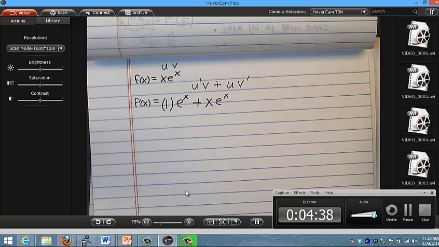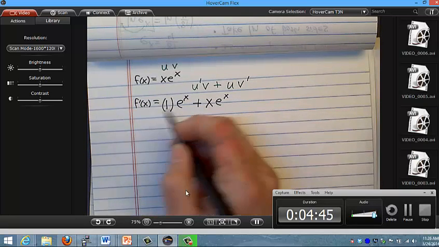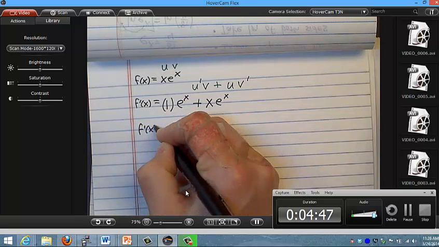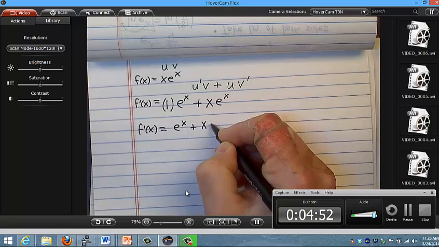So that's nice. So now what I might do is simplify. Remember I said before, we're not going to be simplifying. Well, now we're going to need to. So I get e to the x plus x times e to the x.